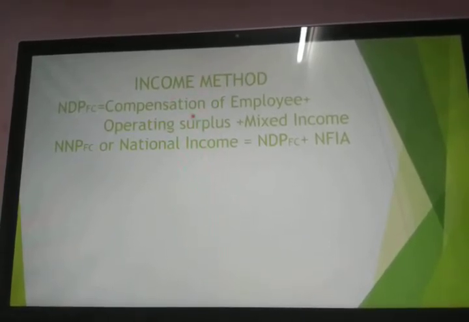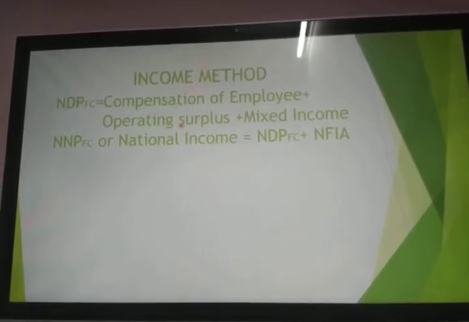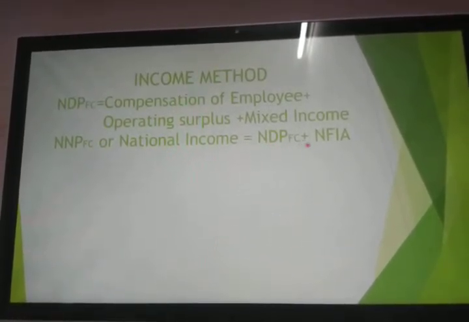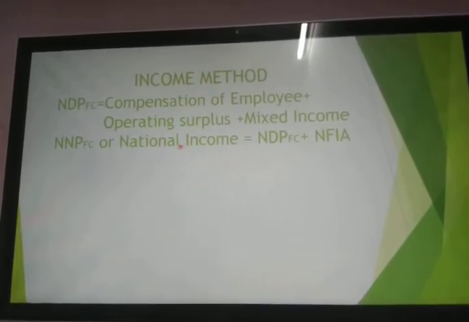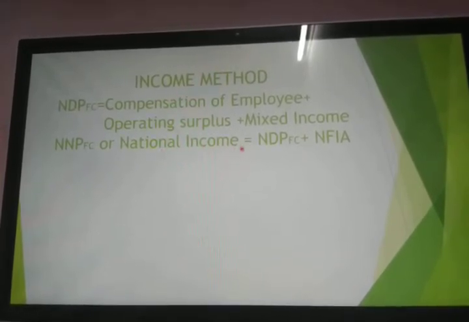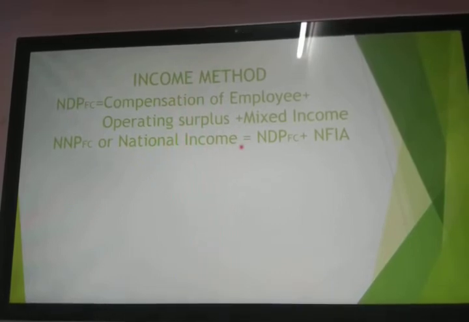That means NDPFC. Now from NDPFC we add NFIA, and we arrive at national income. So that is how we arrive at national income. Just 2 steps and we reach domestic income, and then directly from there to national income.